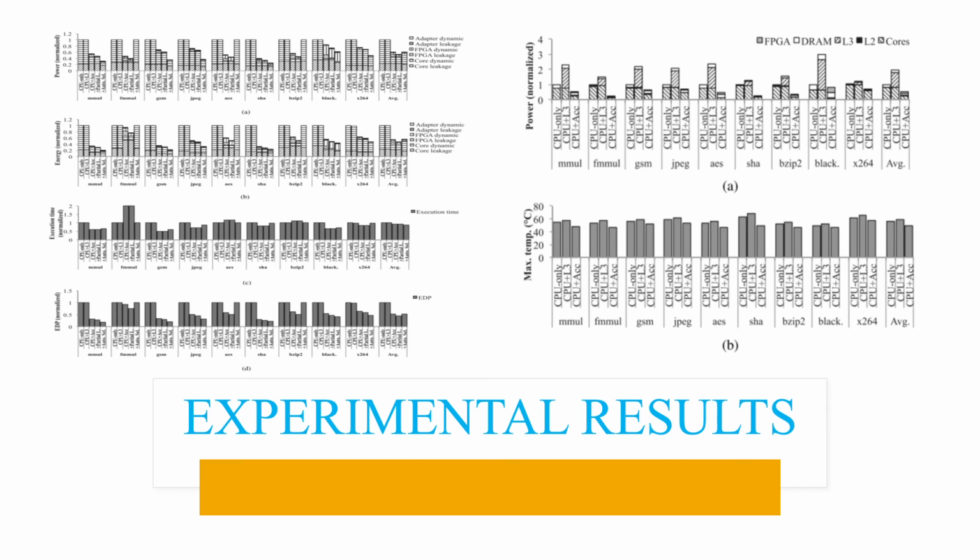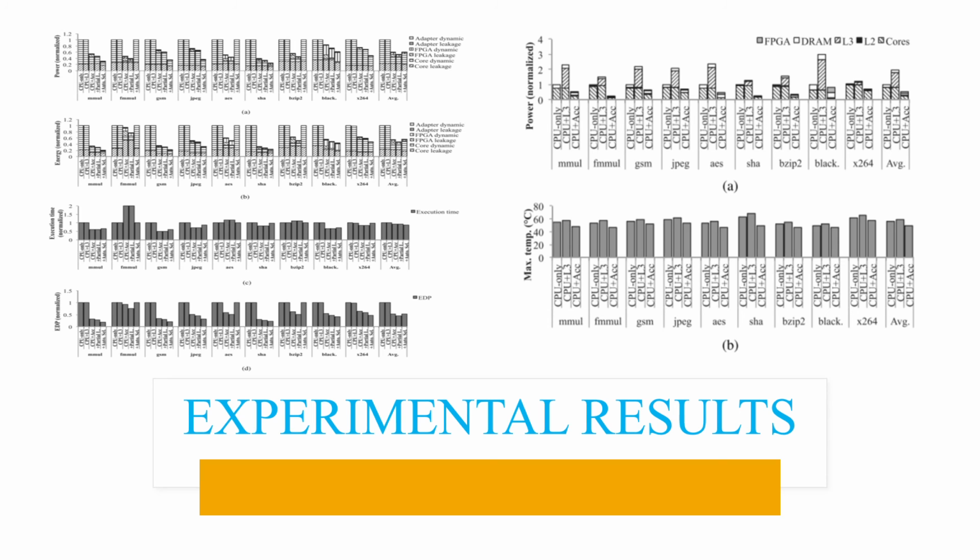This is because the L2 cache of the CPU plus L3 is big enough to accommodate the working dataset, gaining little advantage from adding an L3 cache. It confirms the fact that adding cache has diminishing returns after cache size exceeds certain thresholds. As a result, the comparison result between CPU plus L3 and CPU plus ACC is very similar to that between CPU only and CPU plus ACC.